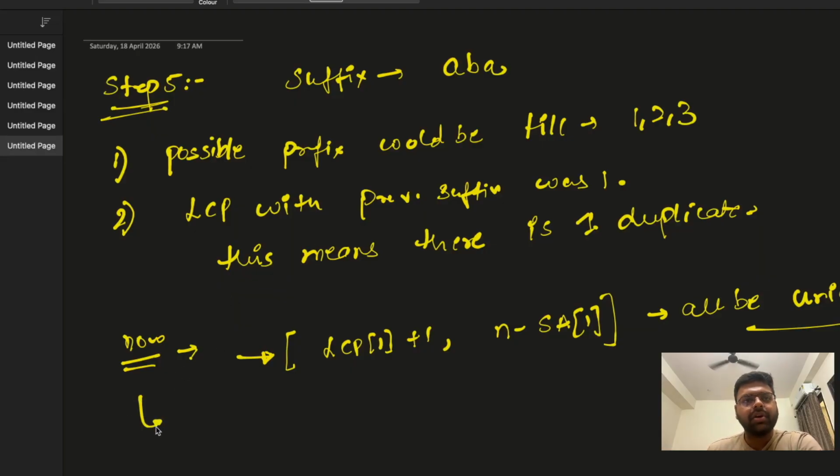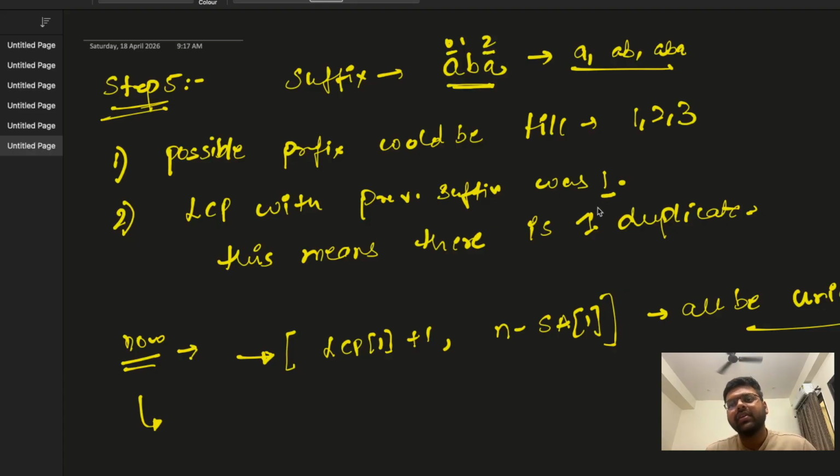I can say that because if we talk about a particular string ABA, what are the possible prefixes? It would be A, AB and ABA, right? And if we talk about the indexes, it would be 0, 1 and 2, let's suppose. Now my range was from 0 to 2, but I already have a common prefix of length one. So wouldn't my range actually be lengths from 1 to 2?